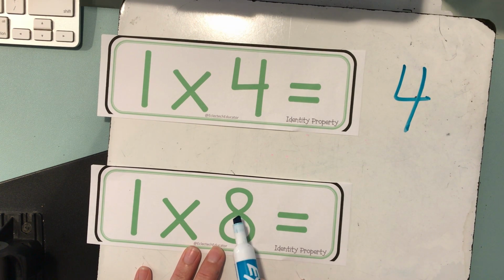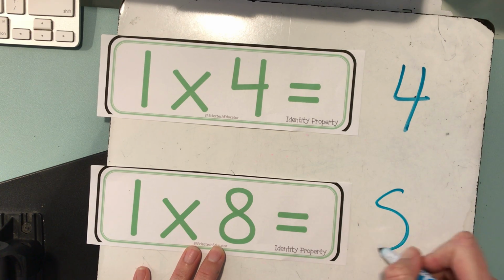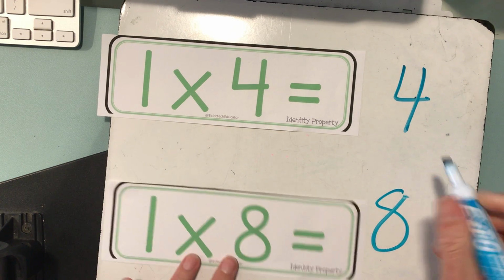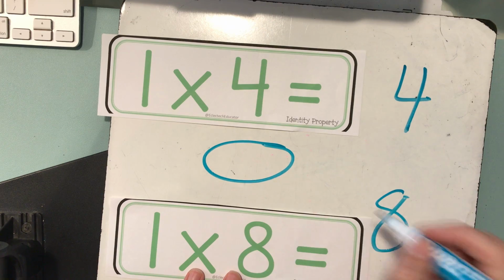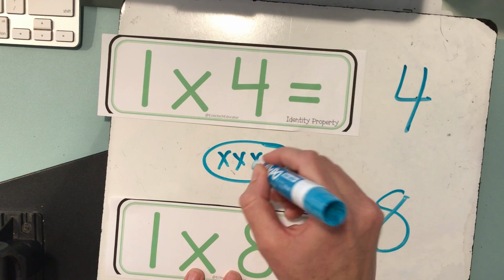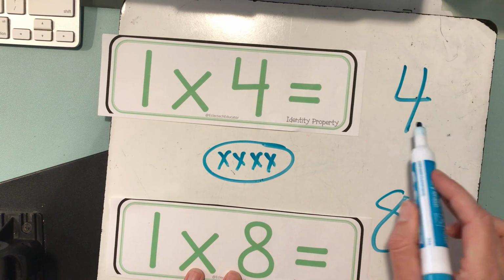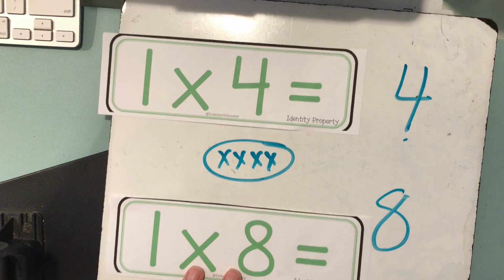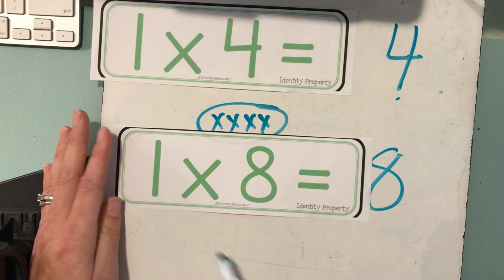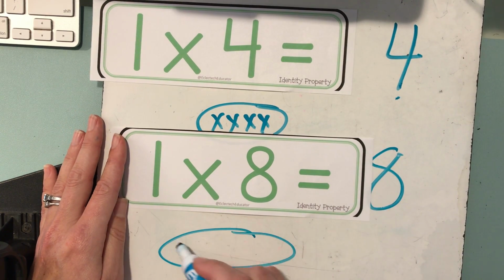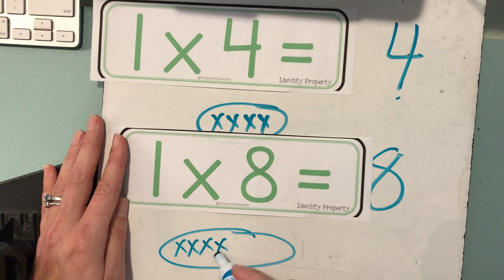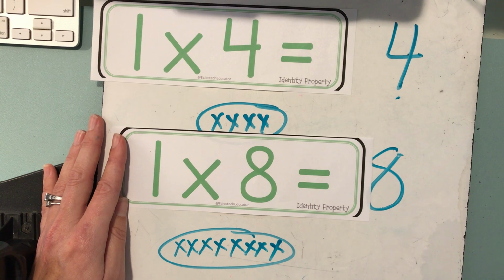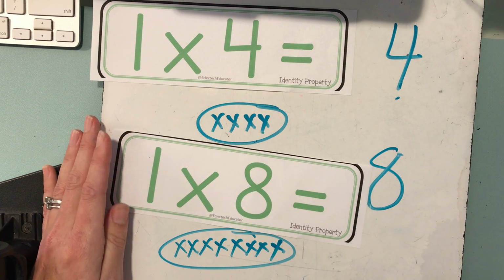Ooh, this factor here, it's not going to change. It's going to stay the same. It's going to be 8. If I had one group of 4 x's, my total is still 4, right? Or one group of 8 x's, 4, 5, 6, 7, 8, I still have 8, right?